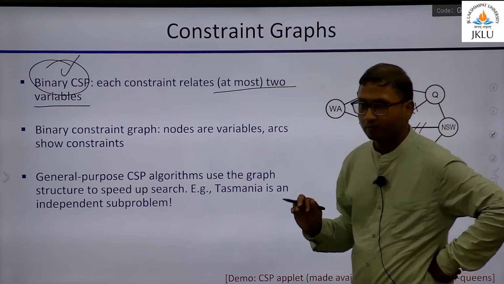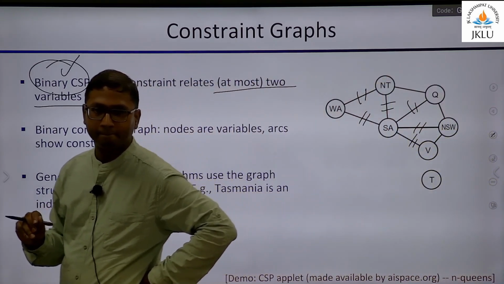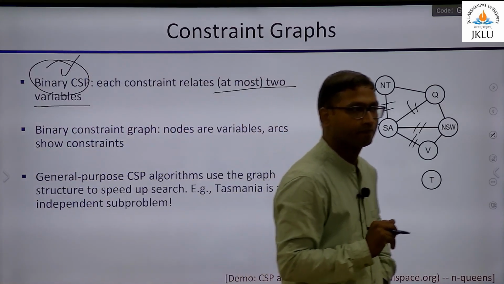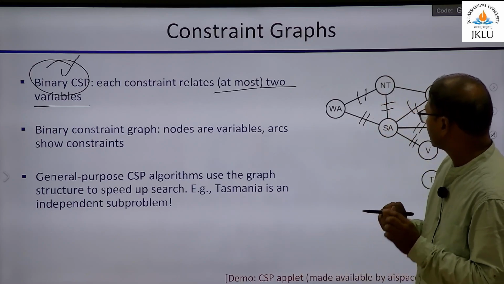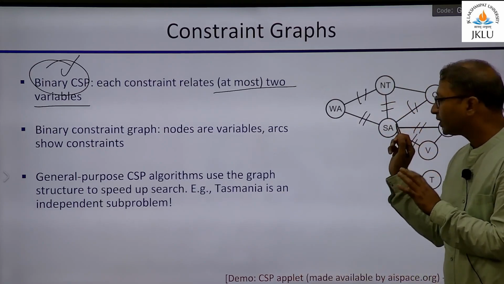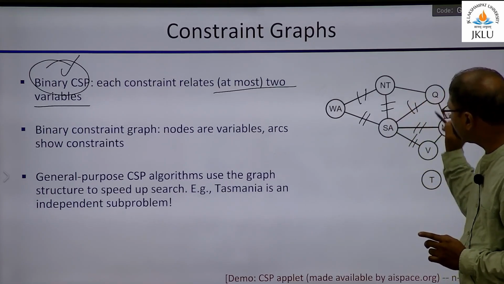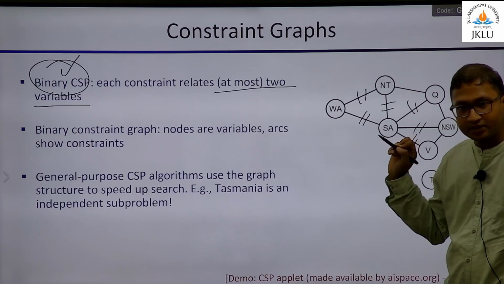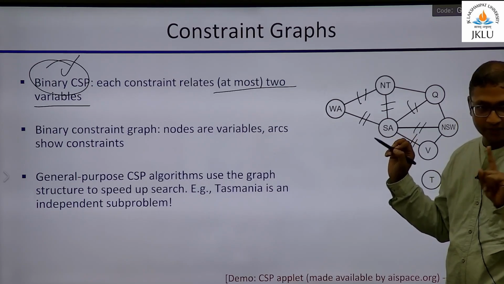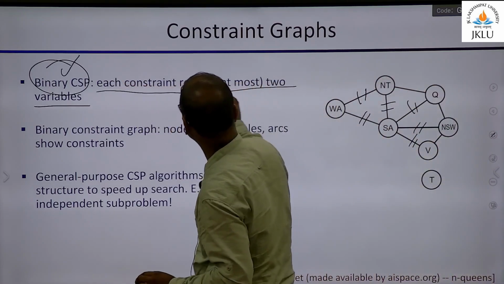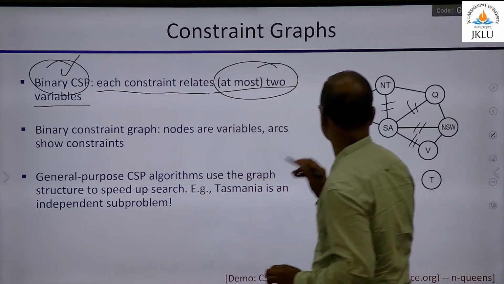What does this mean? It does not matter how many neighbors this guy has. You will still compute. So if there are 5 neighbors, there will be how many constraints? 5. 1 for each. Right? So each constraint relates at most two variables.